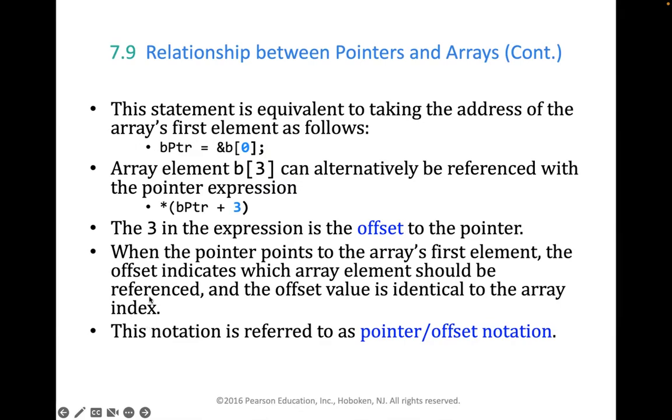This is because in the C language, array indexes start at 0. So this notation is referred to as pointer offset notation.